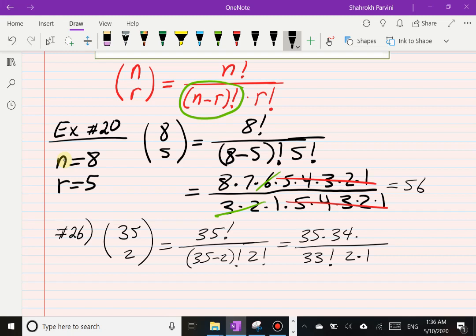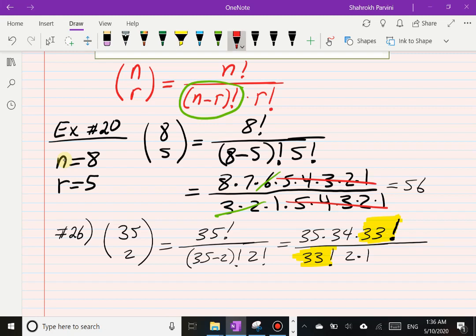It means 35, 34, 33, 32, 31, 30, all the way down to 1, right? But notice how I stopped at 33 and used the factorial symbol here. That means there's no need for me to write it all the way down to 1. That's what that 33 factorial is. And the reason I stopped there is because if you look at this 33 factorial here and 33 factorial here, see, they're the same numbers, right?